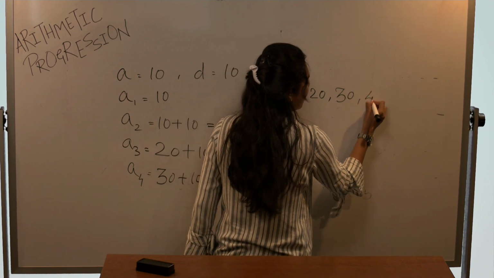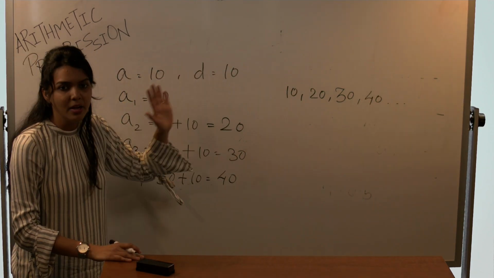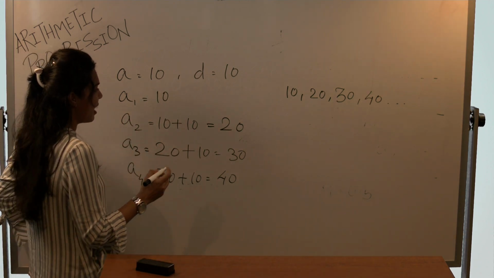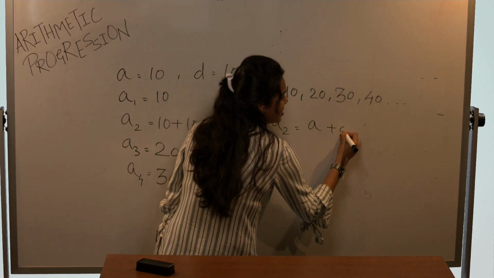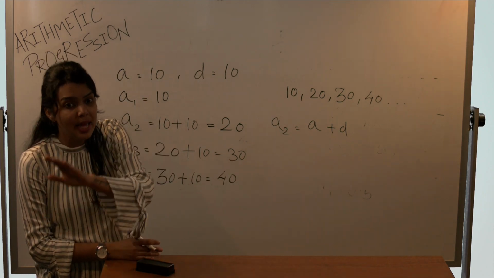So you have got an AP from the first term and common difference. From this pattern, can I say A2 is equal to A plus D? First term plus common difference will give you the next term.